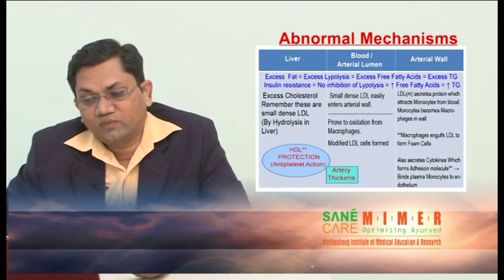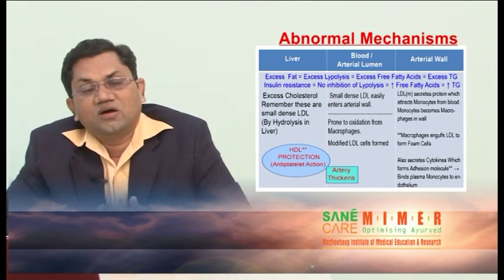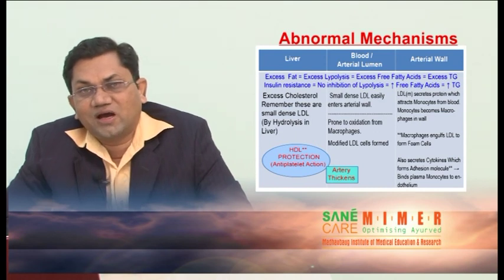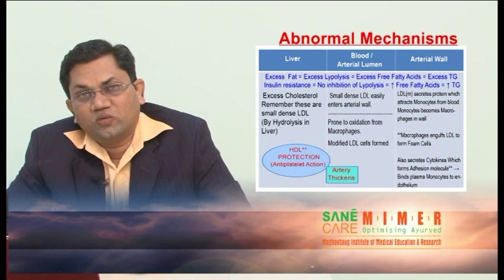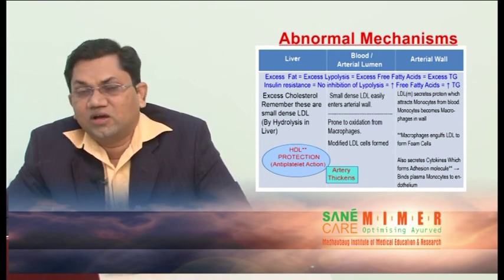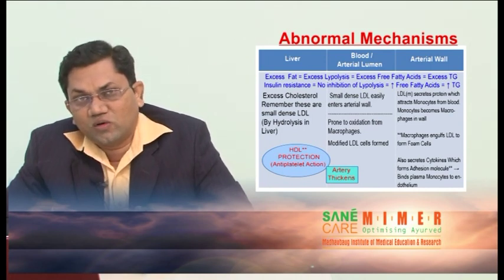Before the formation of this plaque, we need to understand what happens. Ultimately, when this process begins, first there will be hardening or stiffening of the arterial wall. Once that hardening or stiffening is there, the next step will be distension of the arterial wall.